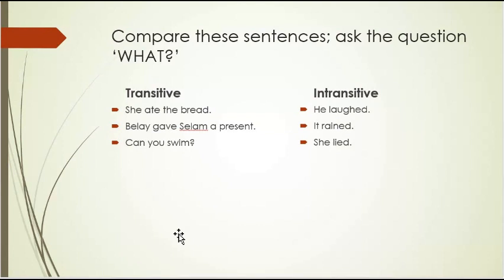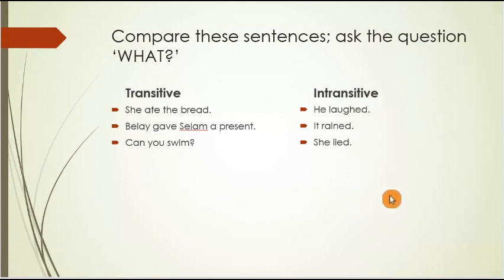Can you swim? So, when you look at this one, can you swim? What can you do? Swimming. So this question is answered after the verb, so we can identify that the verb is transitive and then it can be changed.